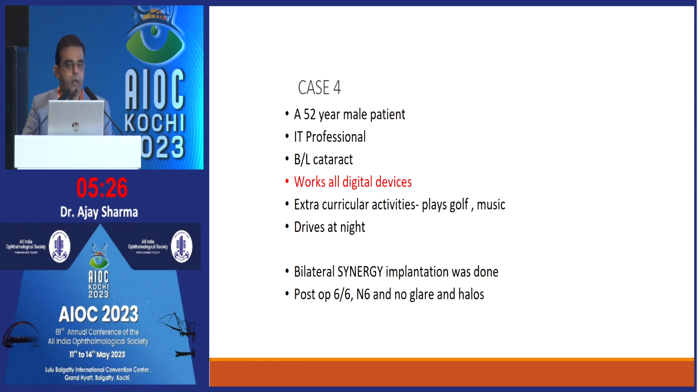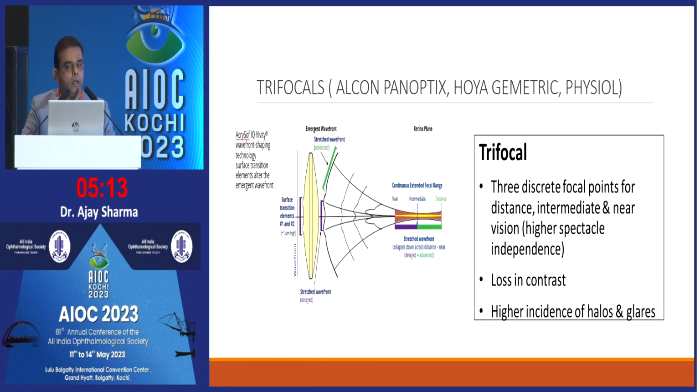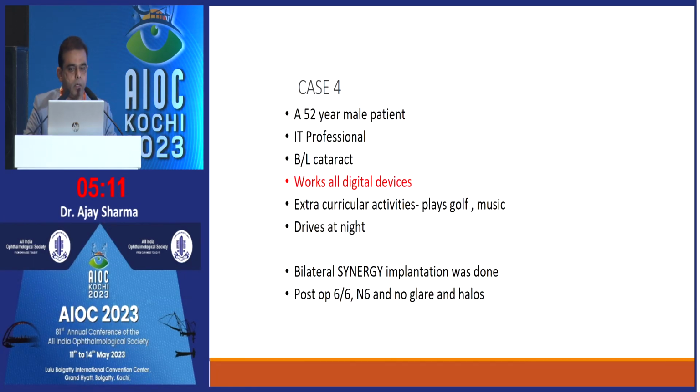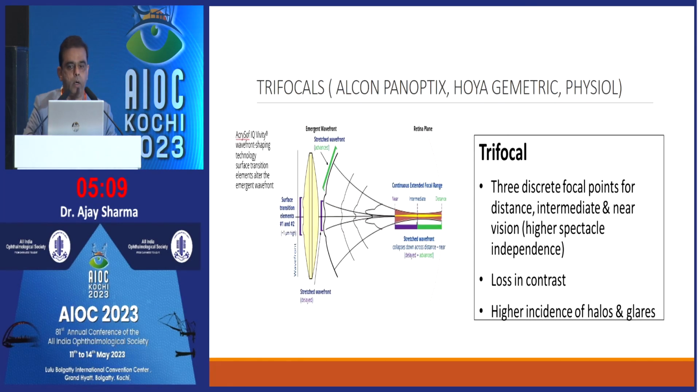Now, this is another case where a 52-year-old male patient, an IT professional with bilateral cataracts, works on all digital devices and drives at night. Bilateral Panoptix was implanted in this patient.